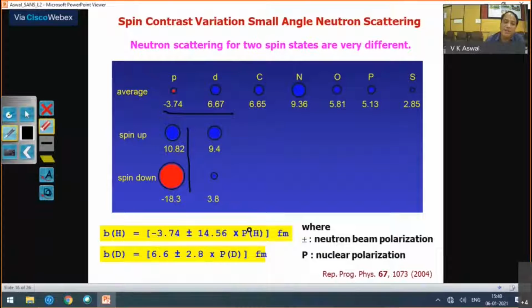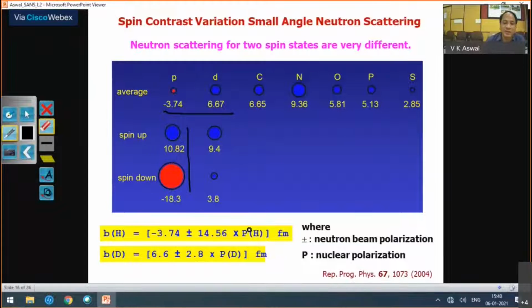And the method which is used is dynamic nuclear polarization, where with the help of electron polarization, you polarize the nuclei. But still, you need very high field of the order of 2 to 3 Tesla and low temperatures around 1 to 2 Kelvin.